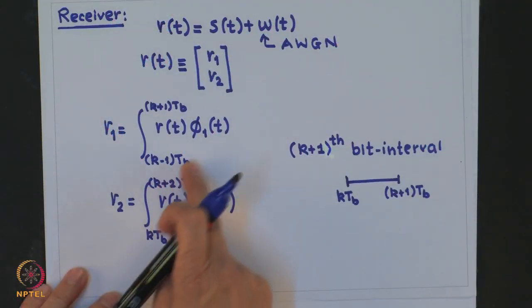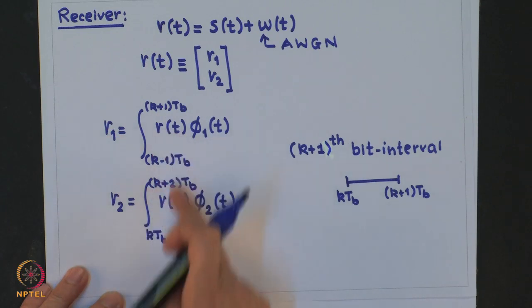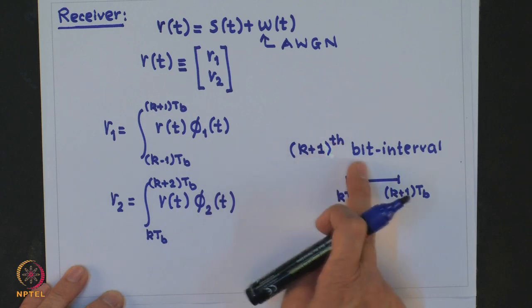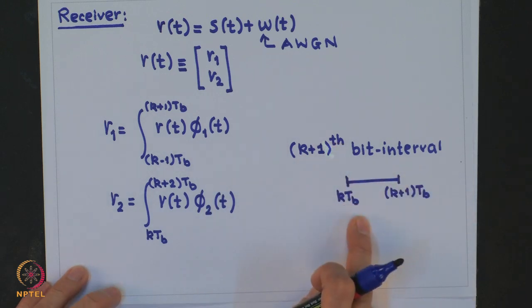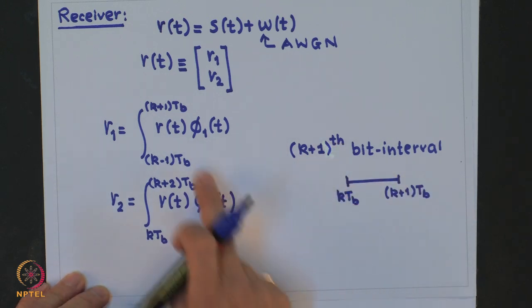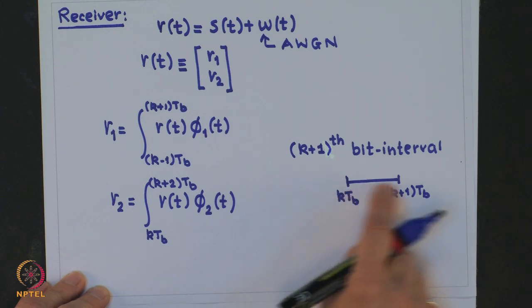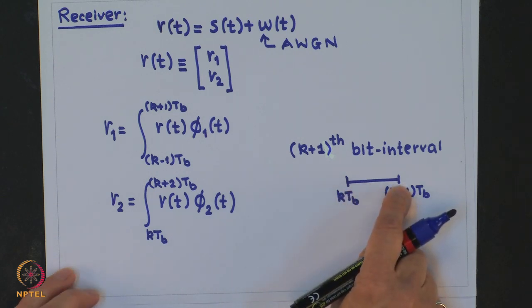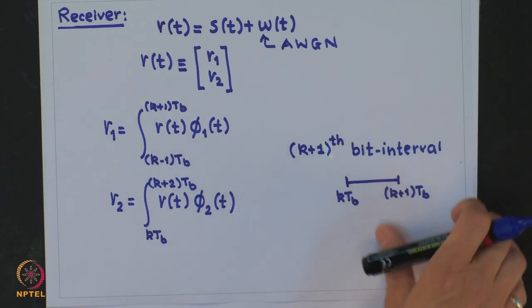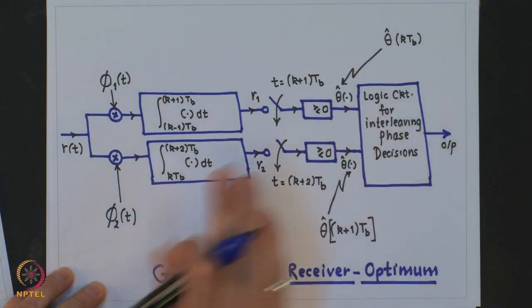Now your projections R1 and R2 will be given by these two expressions. This is for the k plus 1 bit interval. So for this analysis at this interval, this becomes 0 for you and this becomes Tb. Based on this we can get the optimum MSK receiver as shown in this figure.